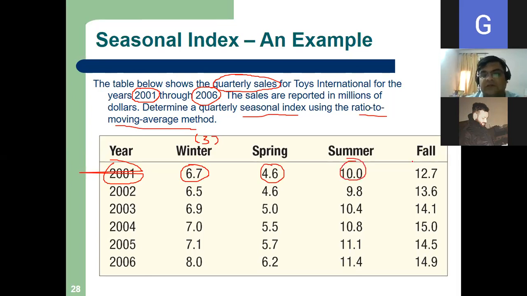In fall, it is this much. Clear? In 2002, this. So this is my data, and first, I have to construct a seasonal index from it. So 6 years, 4 quarters, quarterly data.